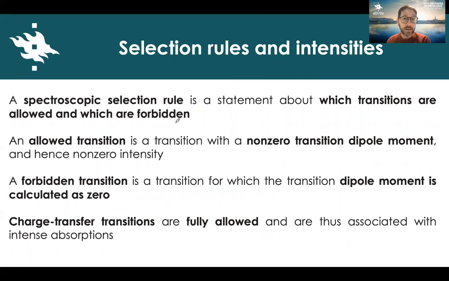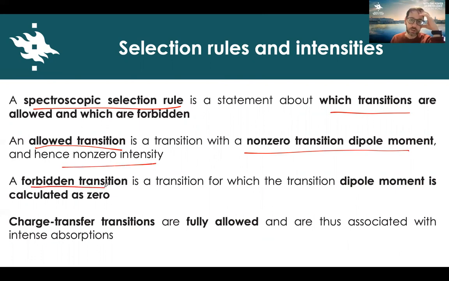And we can have an idea of the resulting intensities based on the knowledge of spectroscopic selection rules, which are a statement about which transitions are allowed and which transitions are forbidden. When we say allowed transitions, we are talking about transitions with a non-zero transition dipole moment and hence non-zero intensity.